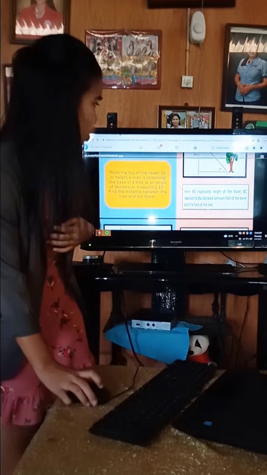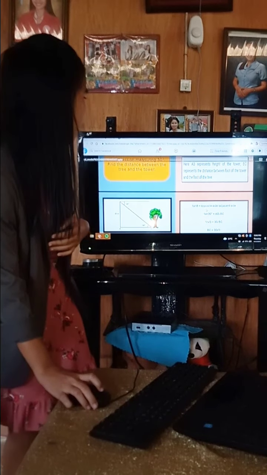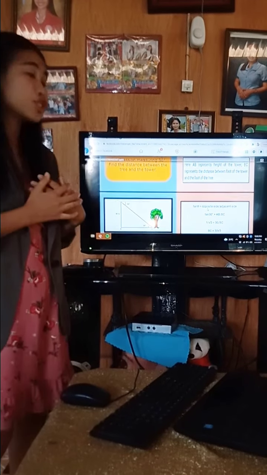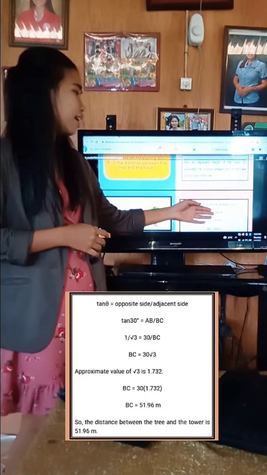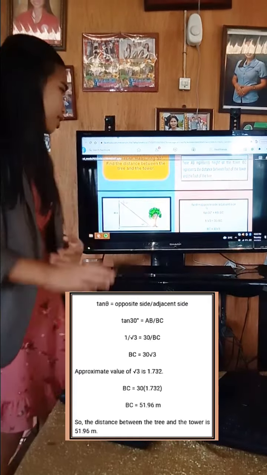For the solution, since we are going to find the distance between the tree and the tower, the formula we are going to use is tan theta equals the opposite side over the adjacent side.